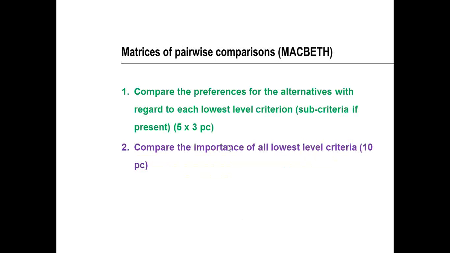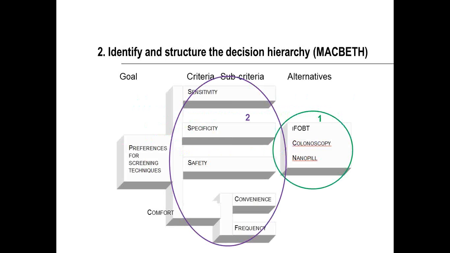And for the different sets of pairwise comparisons, again, they start with the preferences or the attractiveness of the different alternatives with regards to each lowest level criterion. And then they ask for comparing the importance of all lowest level criteria. And this is also a minor difference between AHP and MACBETH.